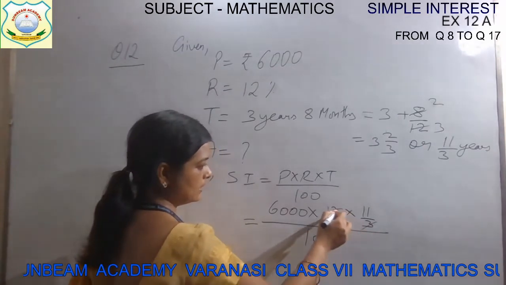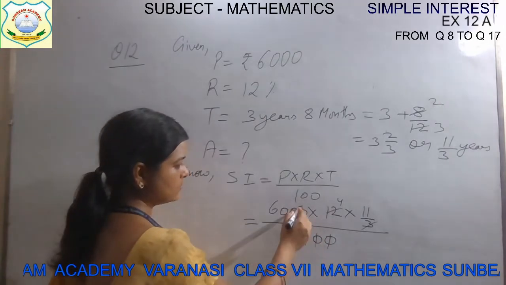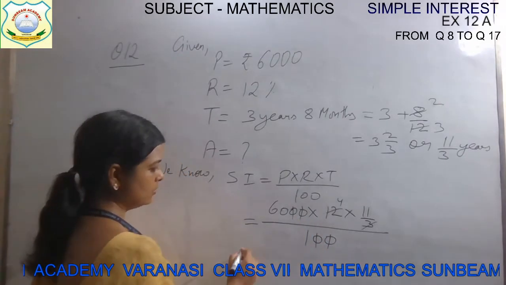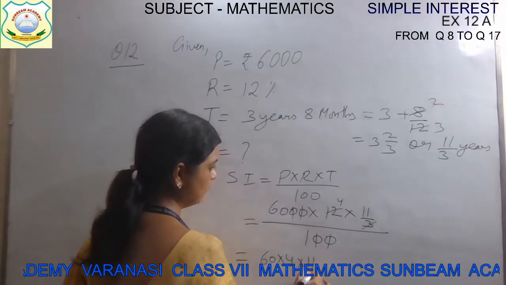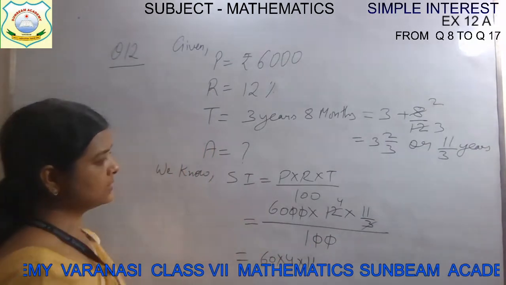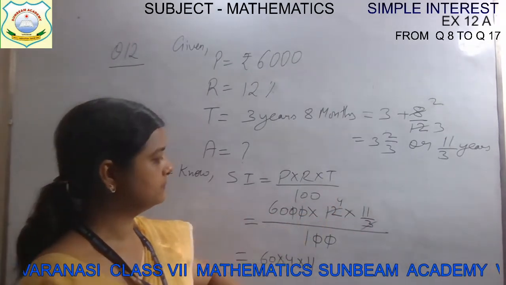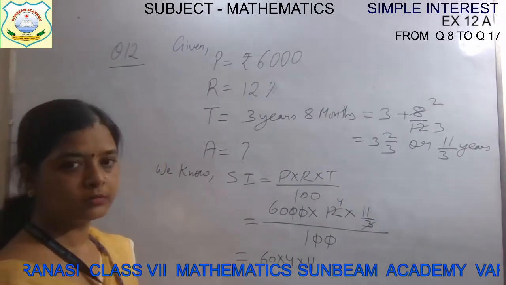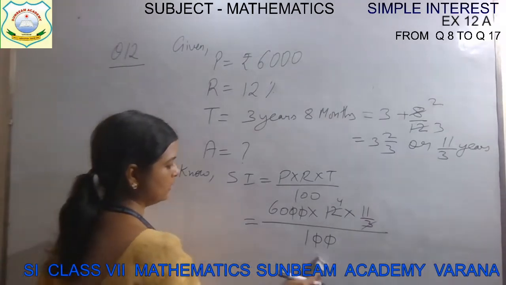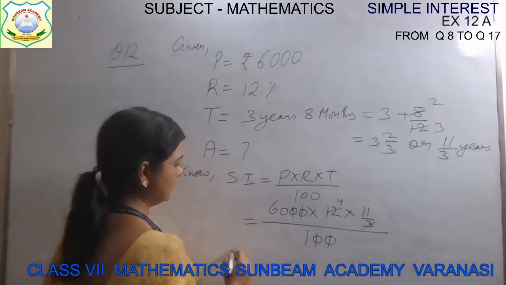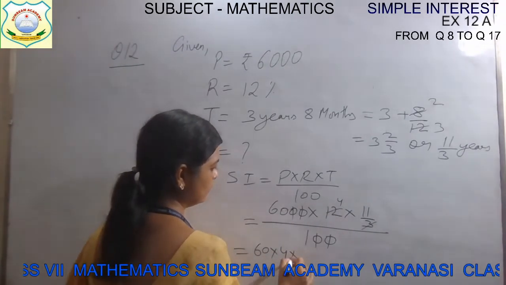From here we can simplify: 3 fours are 12, and these two zeros will cancel out. So this will be 60 into 4 into 11. In the numerator you have 60, then 4 and then 11.